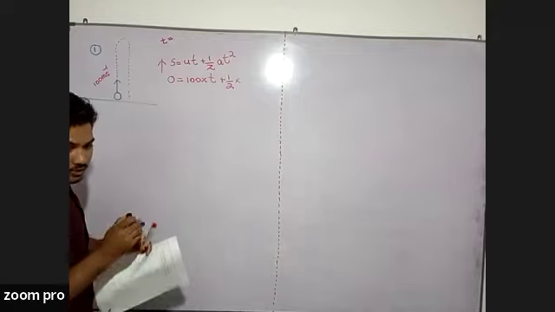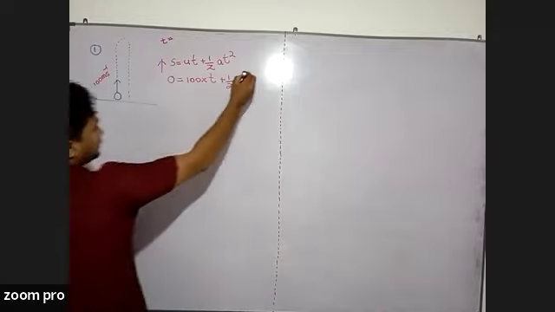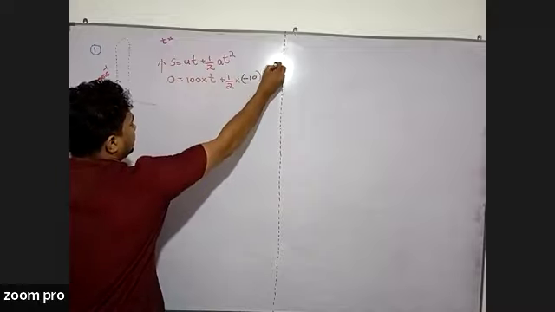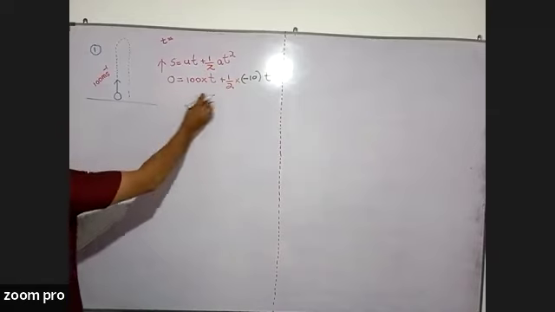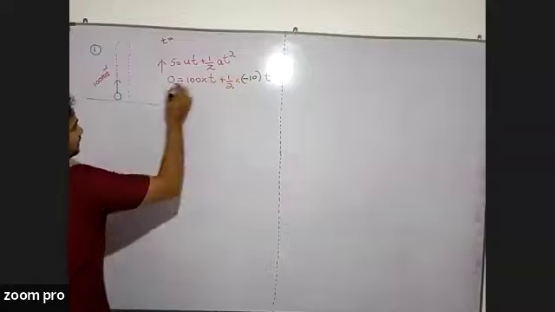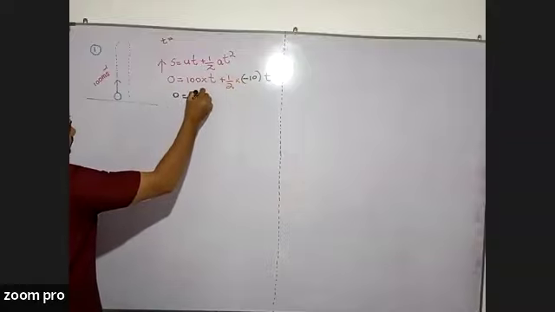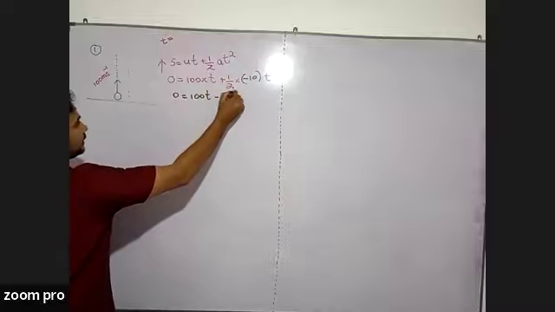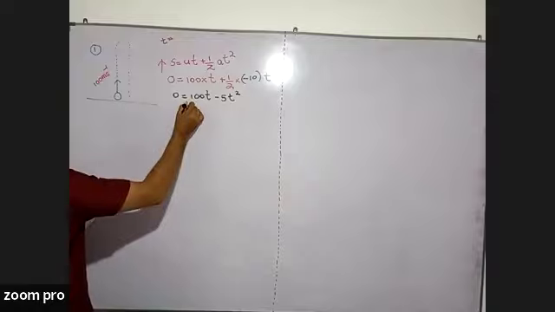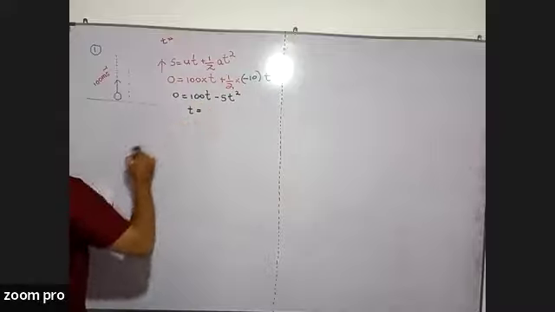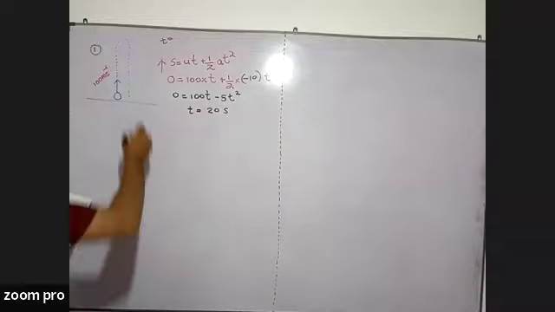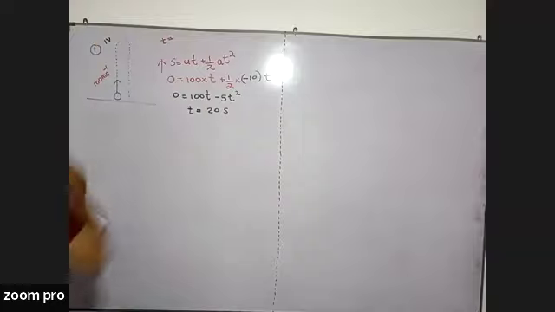Okay, when you substitute acceleration, it should be minus 10 into t squared. Then 0 equals 100t minus 5t squared. Then we can obtain an answer for t as 20 seconds. So the answer should be the fourth one, right?